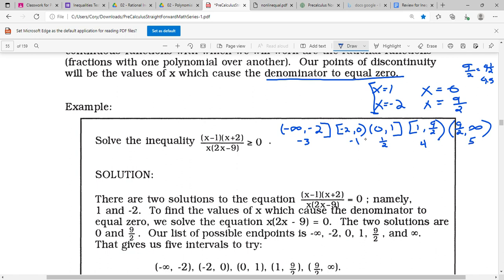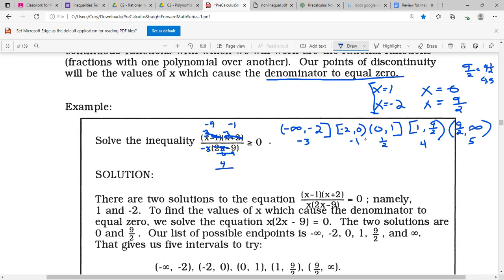Alright, so first I'm going to check for -3. So if I put a -3 in here, I have -3 minus 1 would be -4, and -3 plus 2 would be -1. Negative times a negative would be a +4 on the top. And then my bottom would be -3 times 2 would be -6 minus 9, which would be -15 times -3.